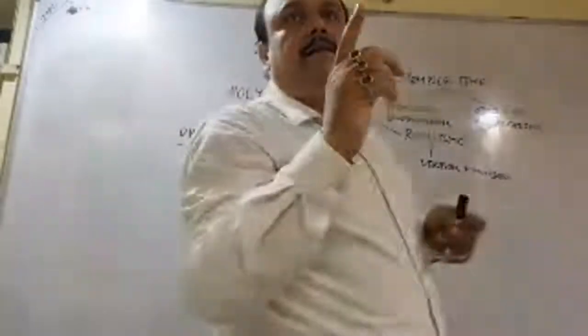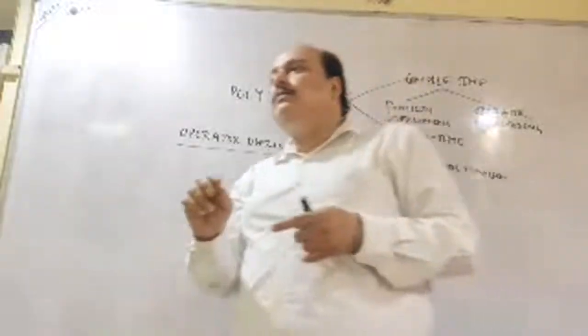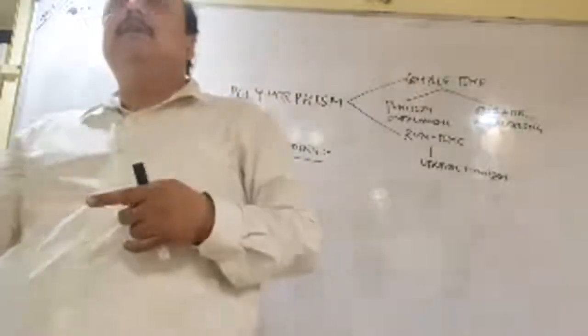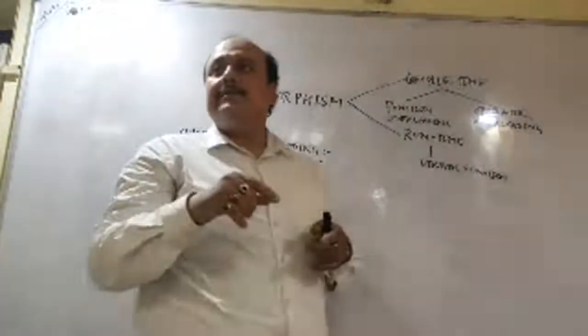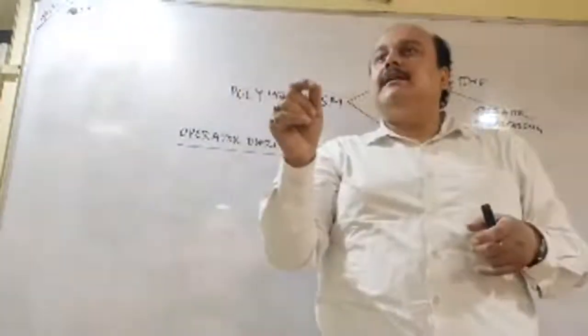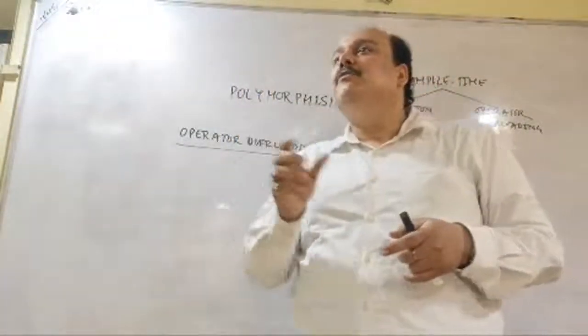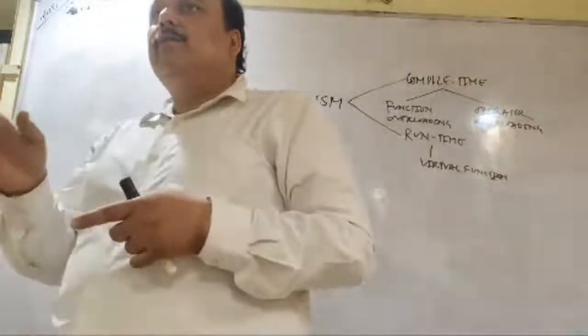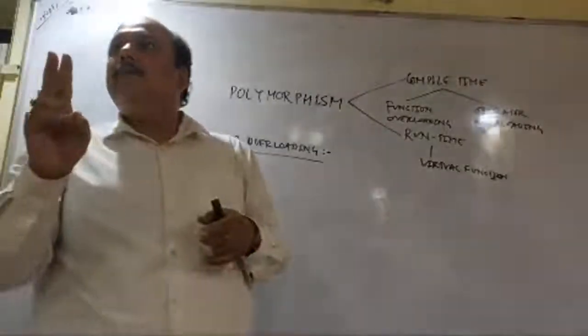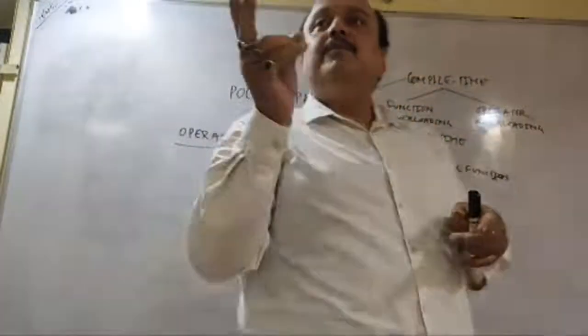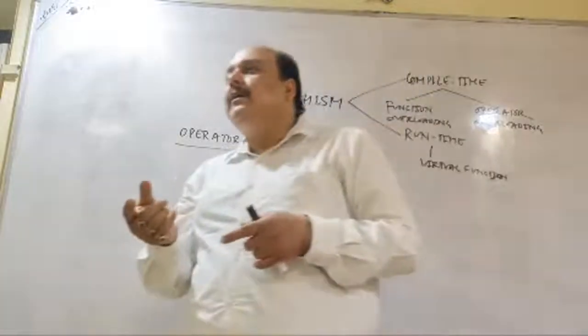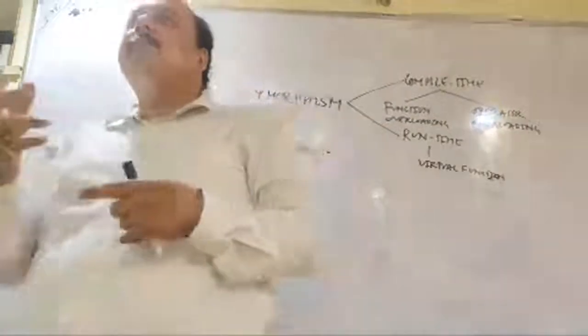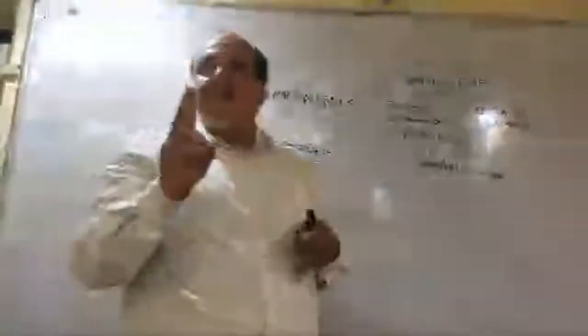If a particular function consists of only float, your compiler checks whether any function is available having both float data types. The number of arguments is 2, and both arguments are of float data type, because the user passes the data as float.